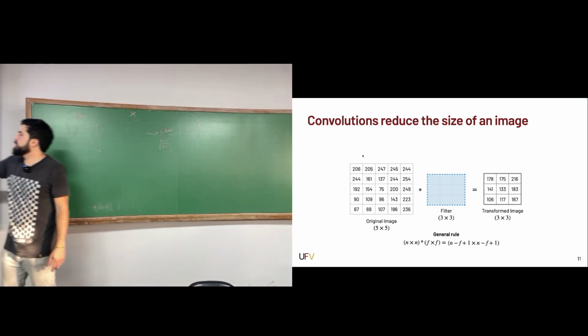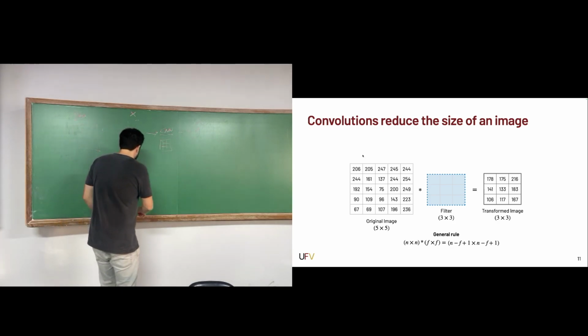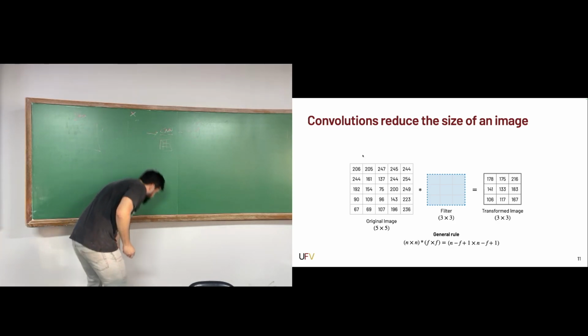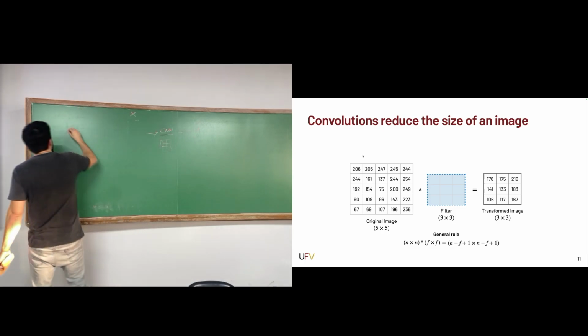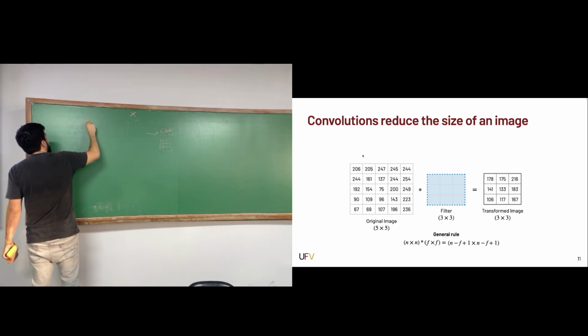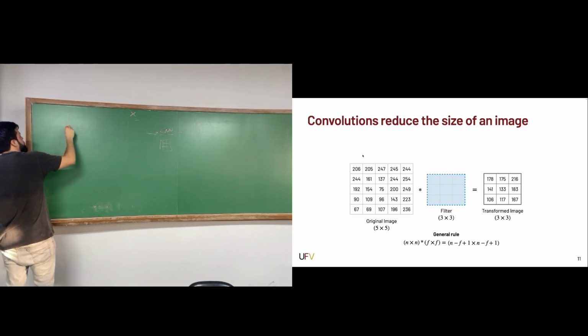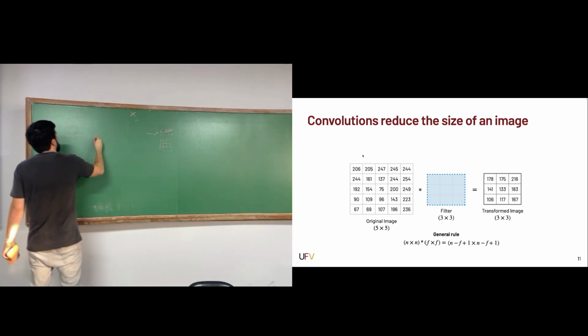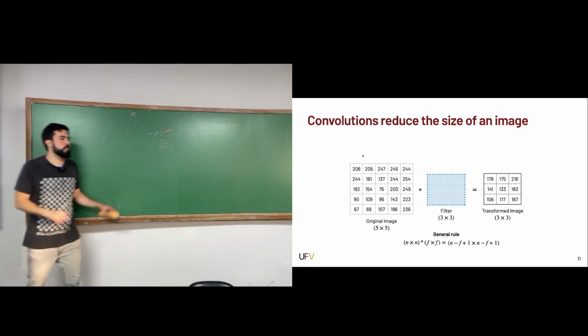This is the width, and same for height, because it's a square image. So the general rule is n minus f plus 1. You can check that math: in this case, 5 minus 3 plus 1, that's 2 plus 1, 3. So in fact, we got a 3 by 3 image there.